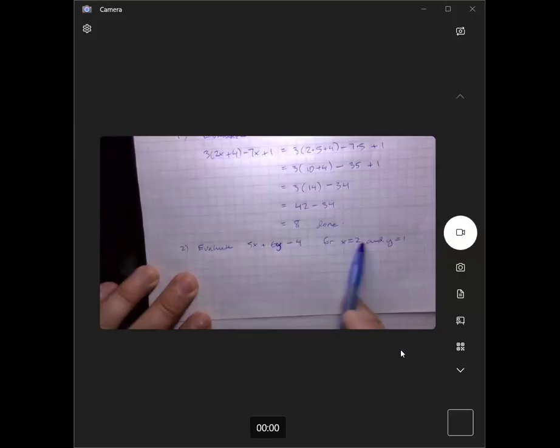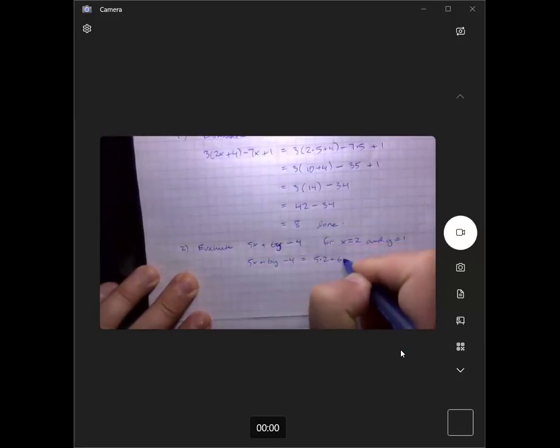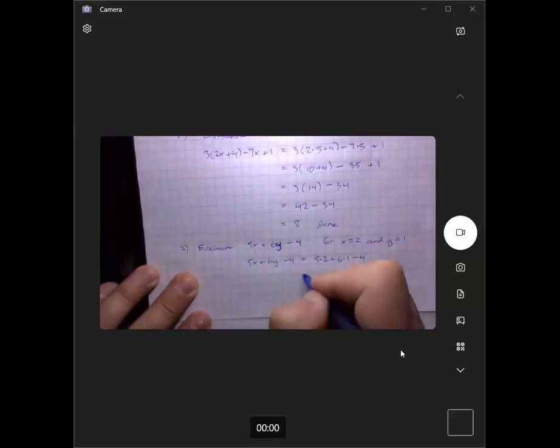Replace all your x's with 2 and all your y's with 1. So we have 5x plus 6y minus 4 equals 5 times 2 plus 6 times 1 minus 4. 5 times 2 is 10. 6 times 1 is 6, minus 4. And for space reasons, I'll combine all this at the same time. 10 plus 6 is 16, minus 4 is 12. And we're done.